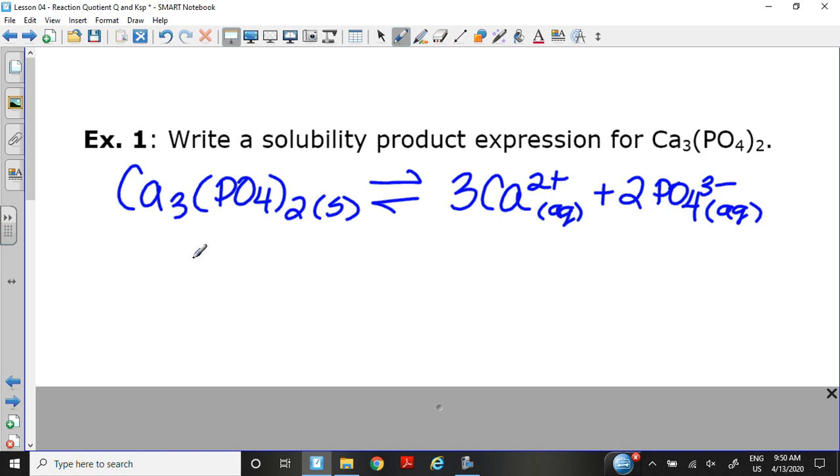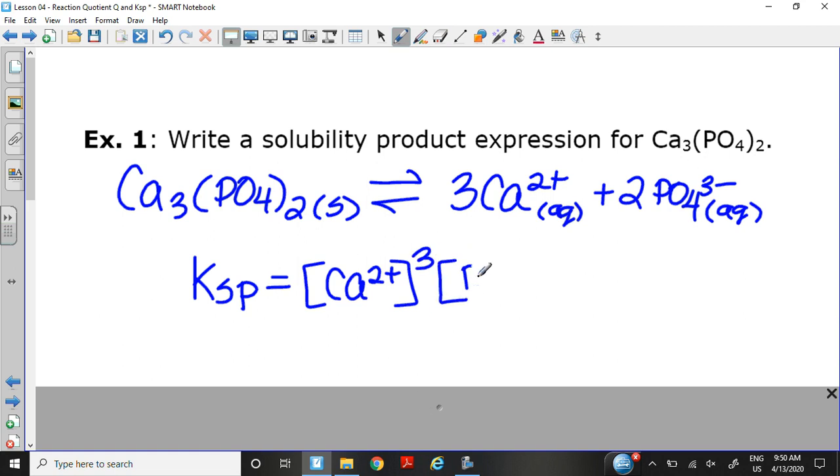Once you've done that, then you can write your KSP. So again, remember, solids aren't included in your KSP. You can completely ignore them. So we just need to include our two ions. So my first ion is the calcium ion, but here I've got a coefficient of 3, so I need to put an exponent of 3.